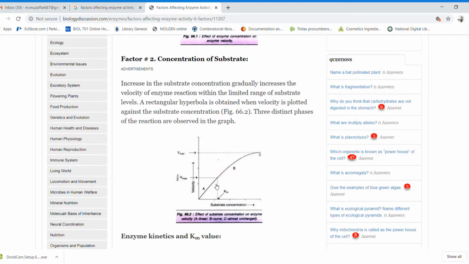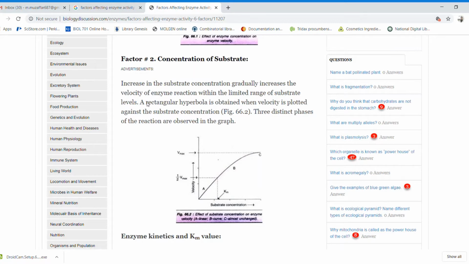As the concentration increases, velocity also increases up to a certain point, and then it is steady. It will be a straight line like this. It won't increase further. That means there are no more substrates to bind with the enzyme and undergo the reaction. Since substrate concentration is limited, the curve shows the steady state.